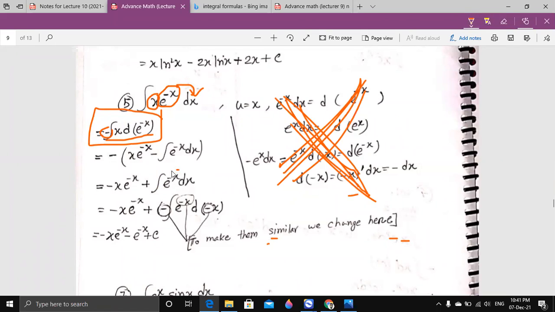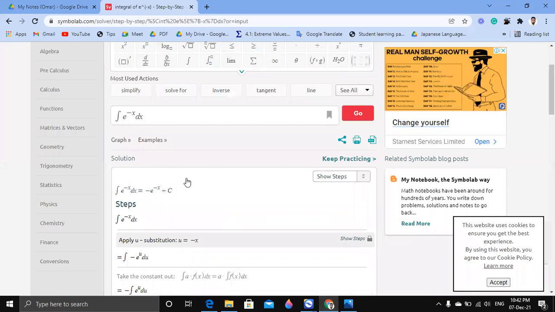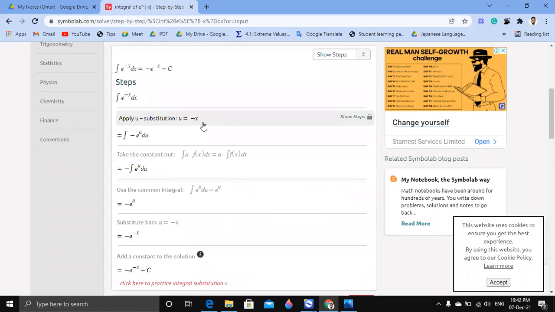So we have minus x, so we let minus x be equal to u, okay. If we let minus x be equal to u, then we get integration of minus e to the power u du, as u is equal to minus x.